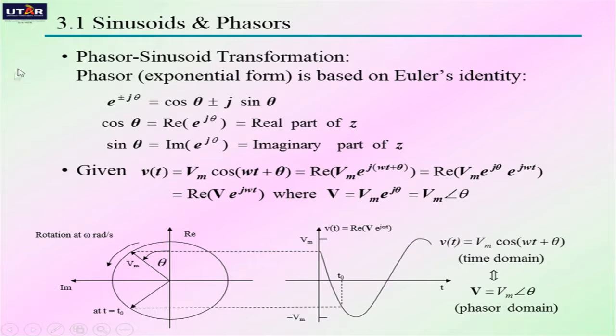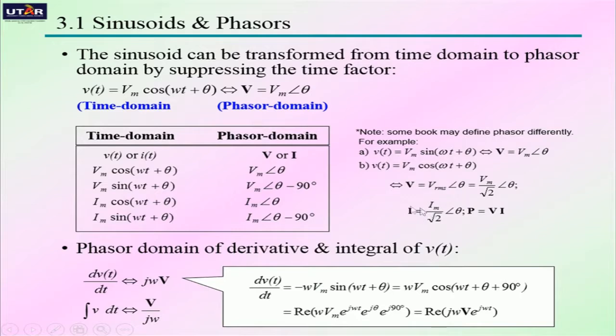This slide shows us how we change from time domain into frequency domain, or how we change from sinusoid to phasor. Basically, using phasors in mathematics is more convenient than using sinusoids or the time domain.